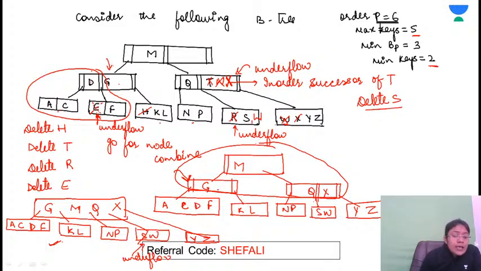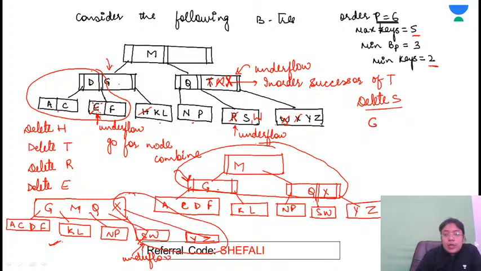Now it will ask the help from its sibling. Siblings are not helping. Then go to parent. Who is the parent of this one? You can merge this node with Q or with X. It's completely okay. Let's assume that this is merged with X.